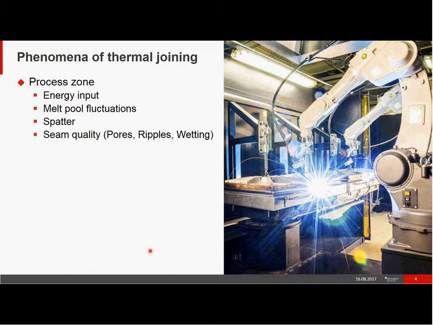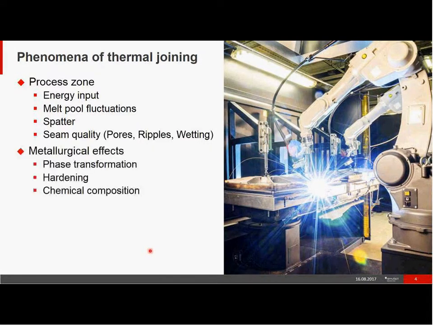Typically, you have melting of material, strong fluid dynamic effects, and melt pool fluctuations. Then we have spatter that can diminish the quality of your weld seam, and the weld seam quality after solidification itself can be determined by pores, by ripples, and when we're speaking about brazing, for instance, also the wetting behavior.